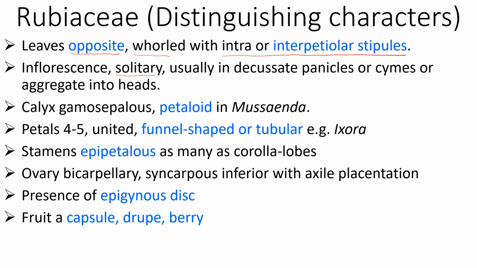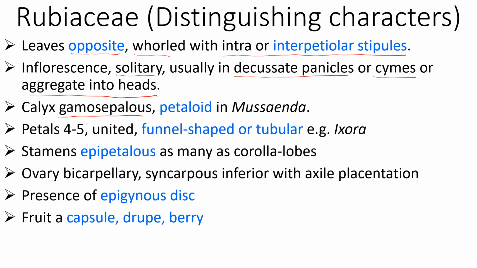Inflorescence is either solitary, or decussate panicles, or cymose, or even aggregate into heads or globose heads. These characteristics we will see in the next slide.